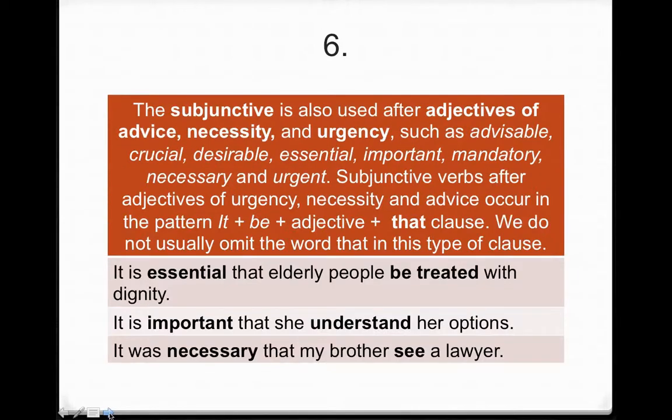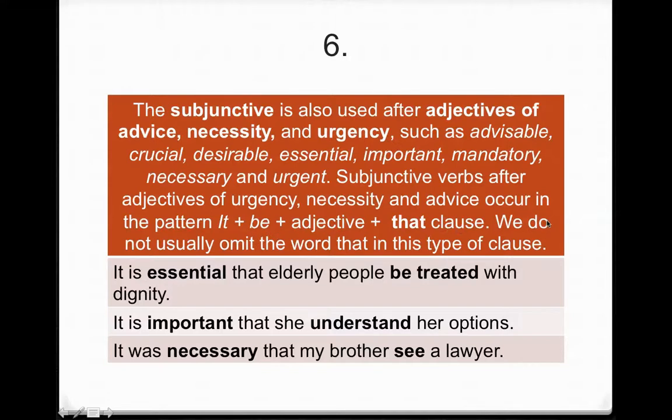Okay, the subjunctive is also used after adjectives of advice, necessity, and urgency, such as advisable, crucial, desirable, essential, important, mandatory, necessary, and urgent. Subjunctive verbs after adjectives of urgency, necessity, and advice occur in the pattern of it, verb to be, plus adjective, and that clause.